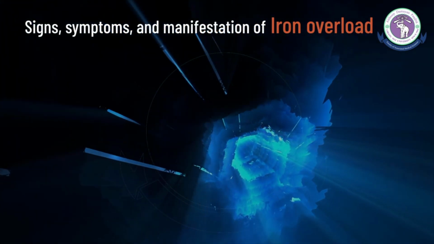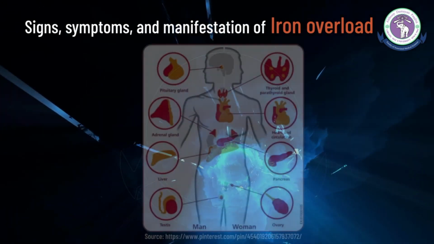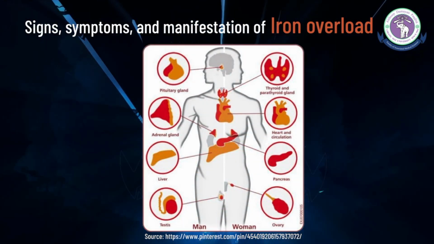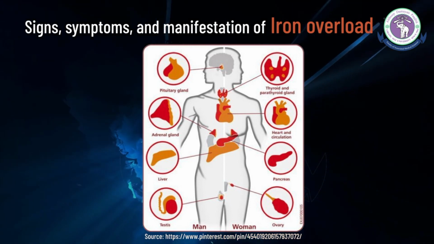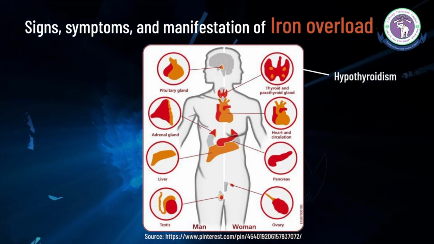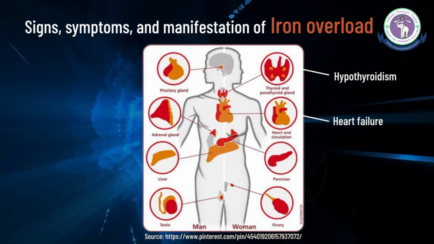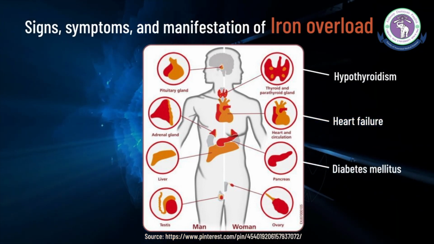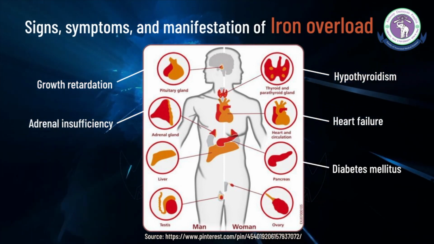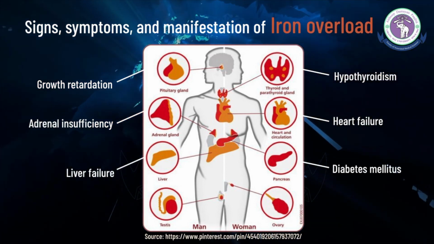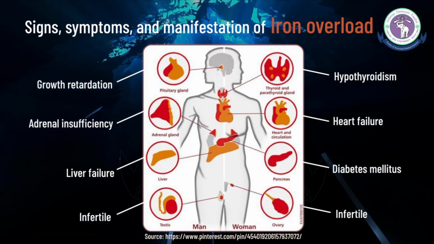Typical signs and symptoms of iron overload result from functional failure of the organs affected, including hypothyroidism, heart failure, diabetes mellitus, growth retardation, adrenal insufficiency, liver failure, and infertility.